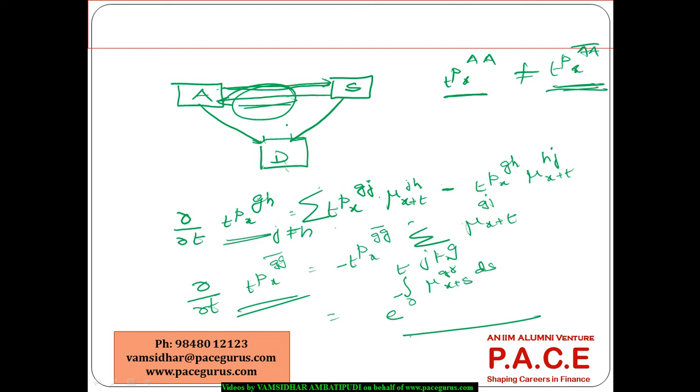So let's look at this model: active, sickness, death. Let me compute some basic calculations on top of this model. From A to S, let me assume that the transition is sigma x.